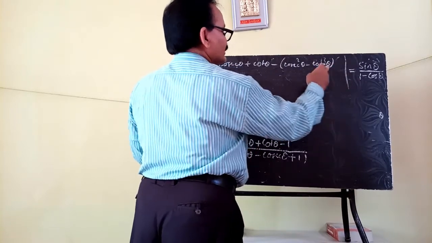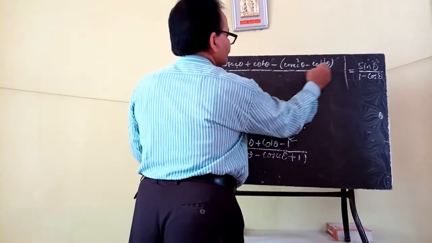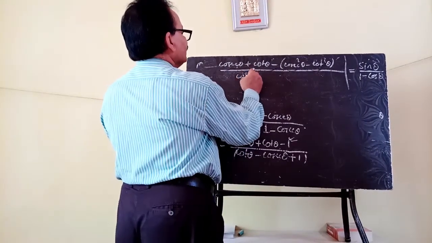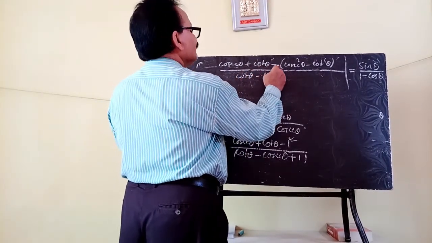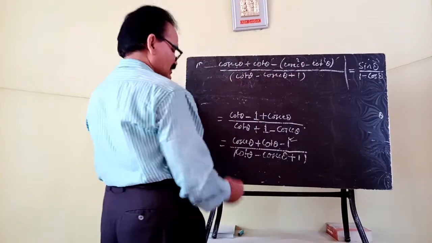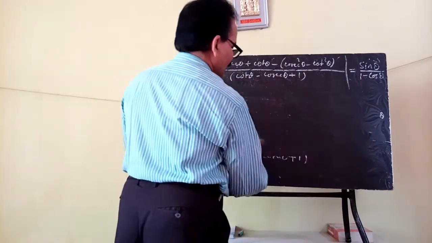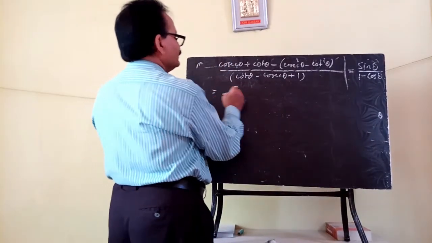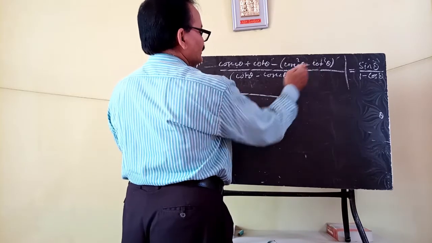Yes, instead of 1 you have written this, but there is no need of changing the denominator, that is cot theta minus cosec theta plus 1, you keep as it is. After that, you just factorize that a square minus b square form.